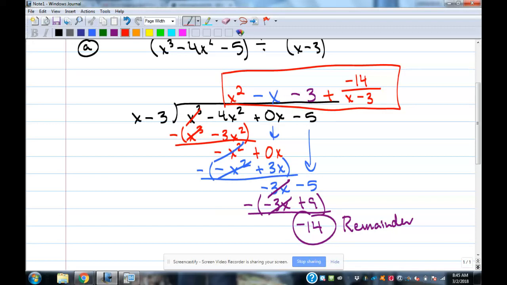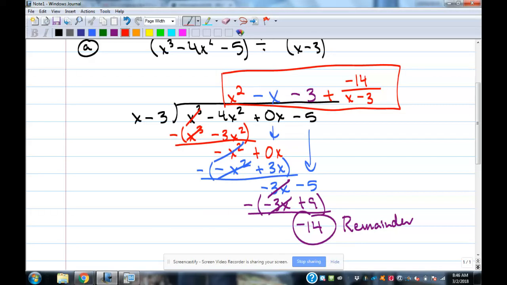So long division is not incredibly difficult stuff. It's just got a lot of places where you can make mistakes. Look at how many operations took place here: there were 16, and then we had to write it the right way up here.